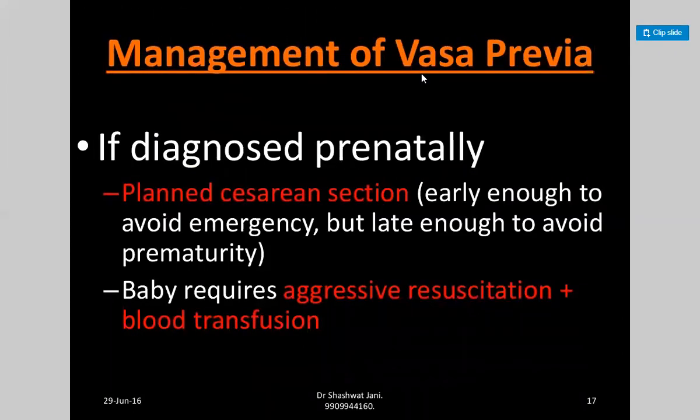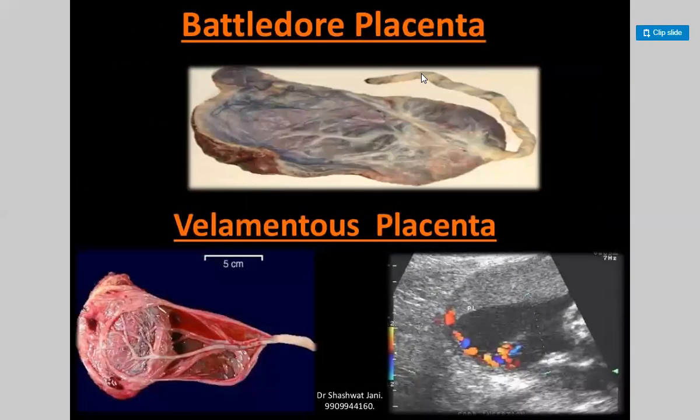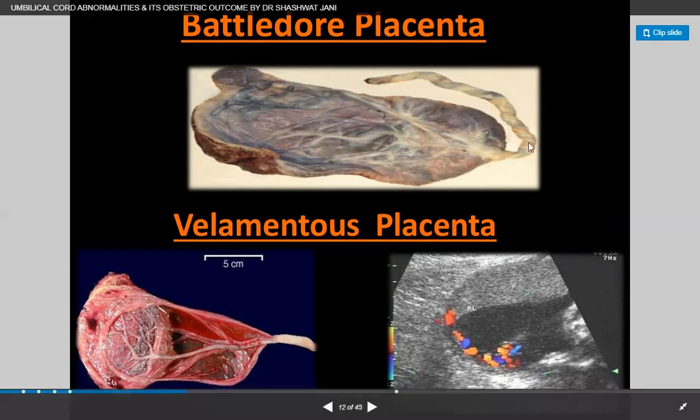And second, the abnormalities related to shape, that is Battledore placenta, where the umbilical cord arises from the margin of the placenta. Then filamentous placenta, that we have seen.